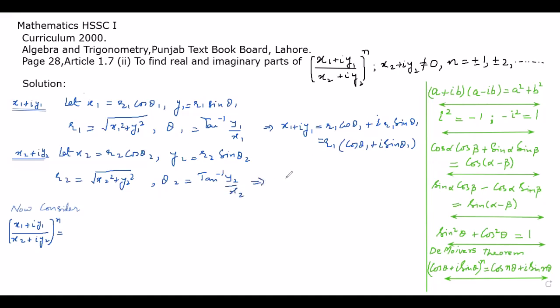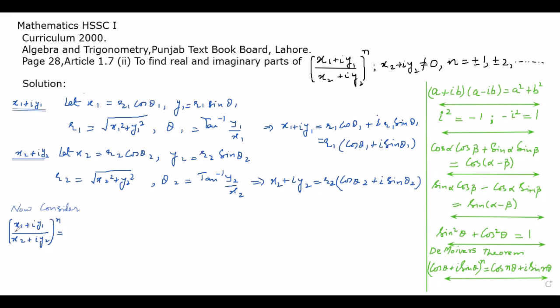As a result, x2 + iy2 becomes r2 (cos θ2 + i sin θ2), with r2 common. So we get both these complex numbers in their polar forms.